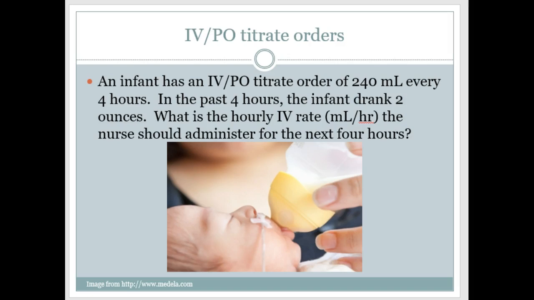So here's a sample. An infant has an IV PO titrate order of 240 milliliters every 4 hours. So that's our goal. We're going to use how she's been feeding in the past to kind of predict how she's going to feed in the future. So in the past 4 hours, she had 2 ounces. Now we're going to use that amount to figure out what our new rate is for the next 4 hours.